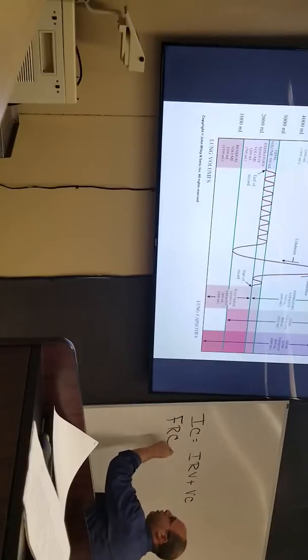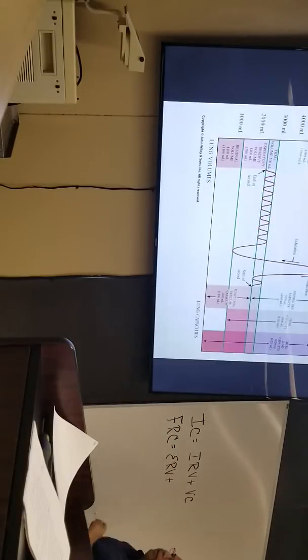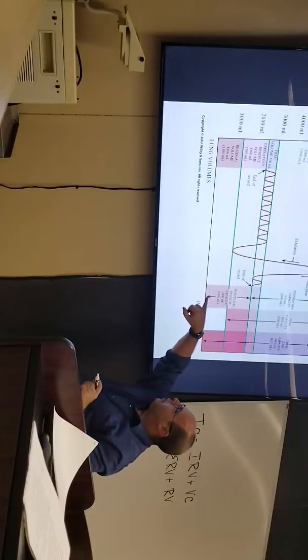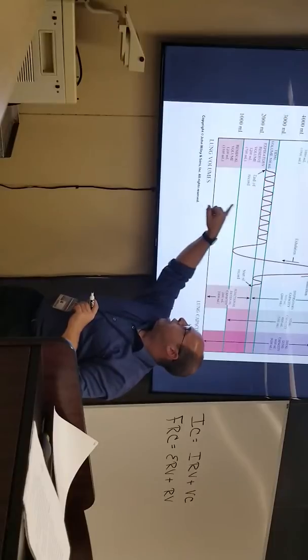Functional residual capacity equals ERV plus RV: expiratory reserve volume and residual volume.